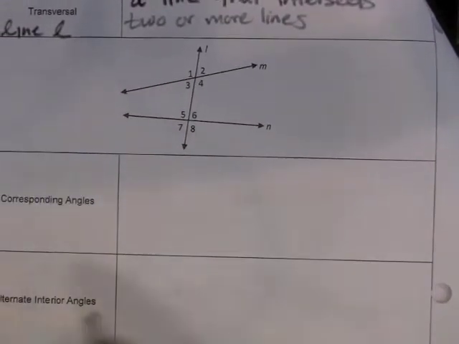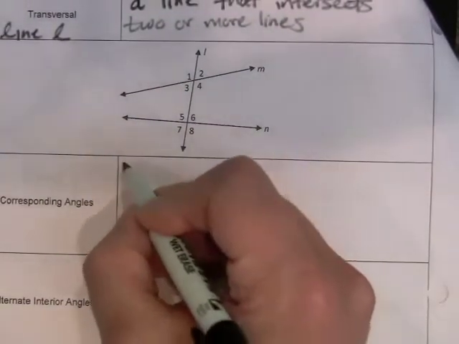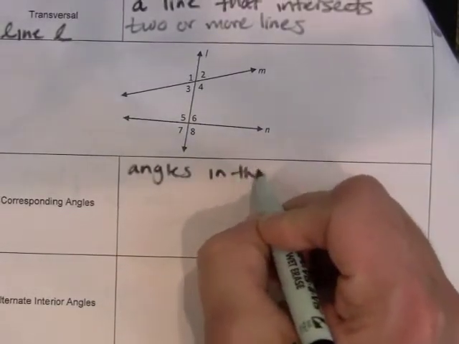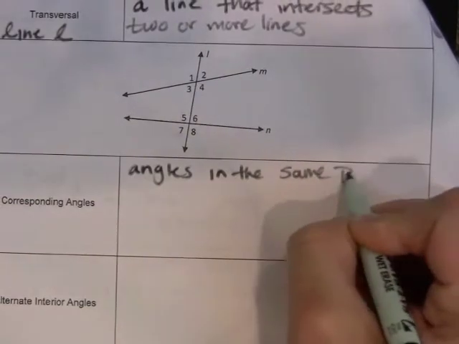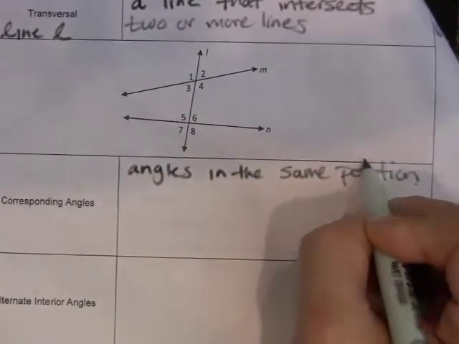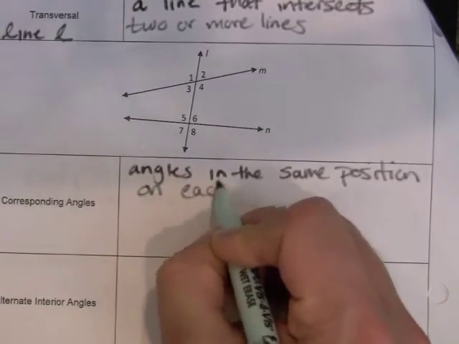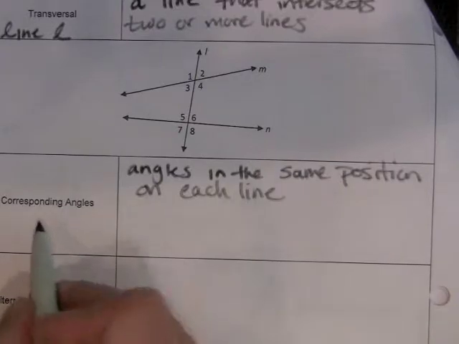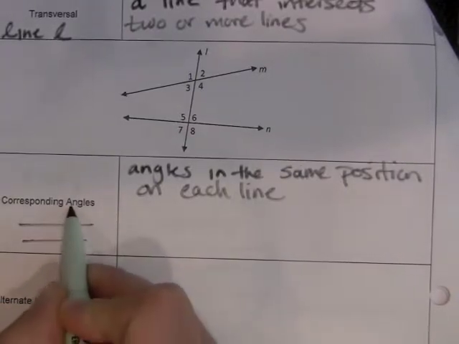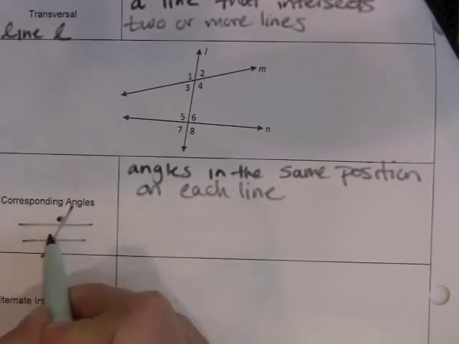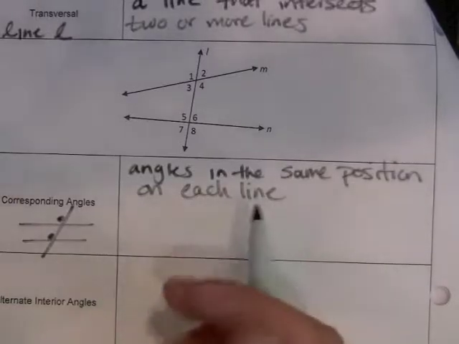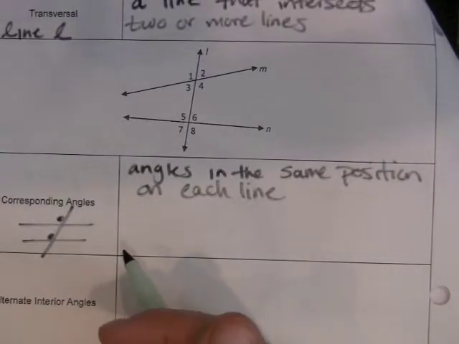Now, corresponding angles, again, are angles in the same position on each line. Okay, same position on each line. So generic one, if you have these two lines and a transversal, these angles right here are situated in the same position on each line. Okay, so there are four different pairs of corresponding angles.